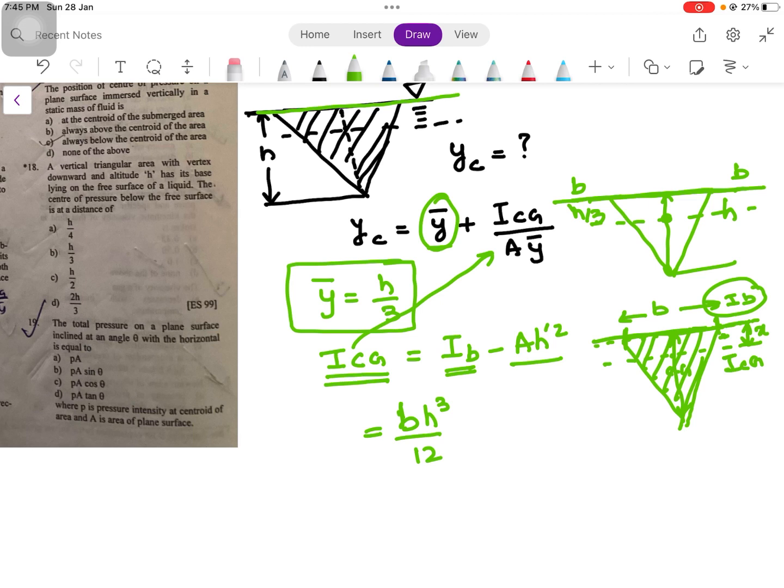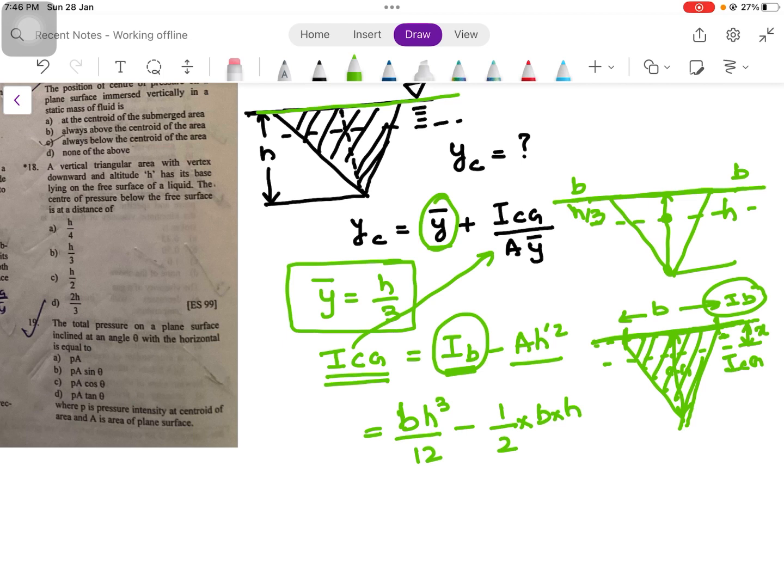BH cube upon 12, we need to remember this: the moment of inertia about the base of a triangle equals BH cube upon 12. Then minus the area of a triangle, which is half of the width of the base times the altitude.